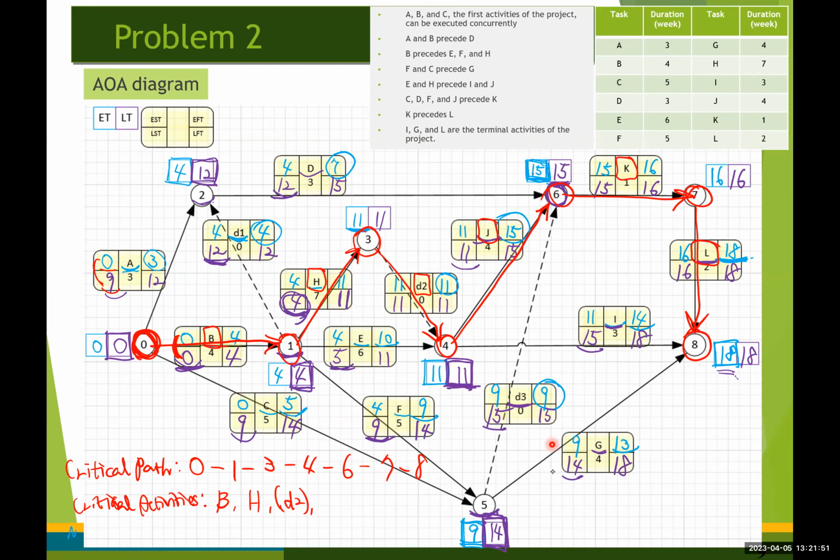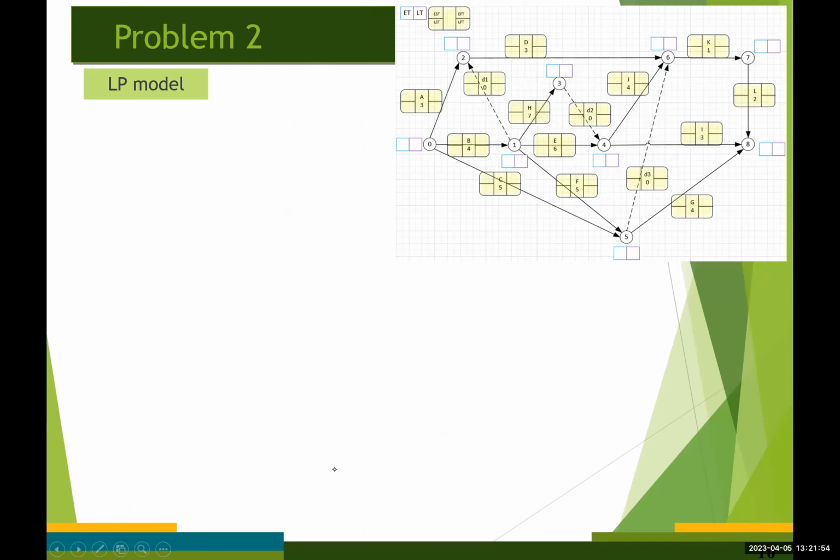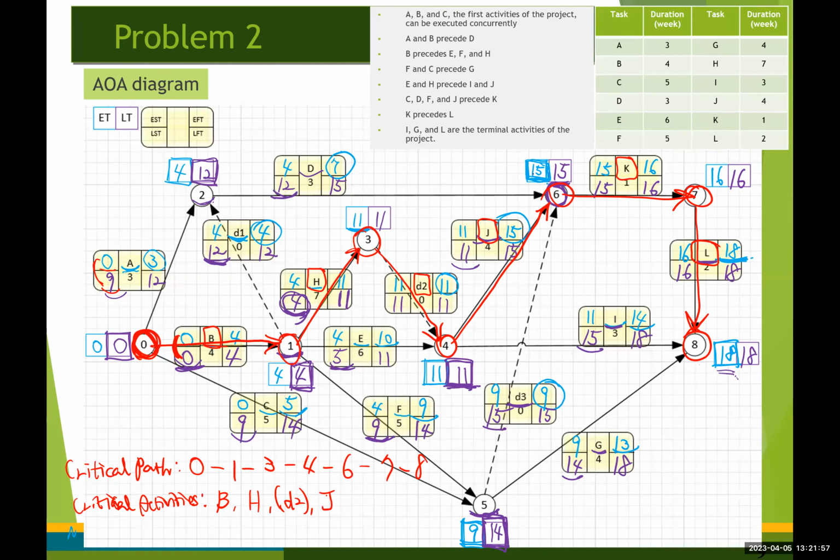And J. J, K, and L, right? And the project completion time is going to be 18 weeks, right? So it's going to be 18 weeks. Okay, right?